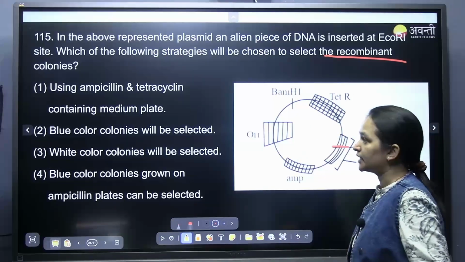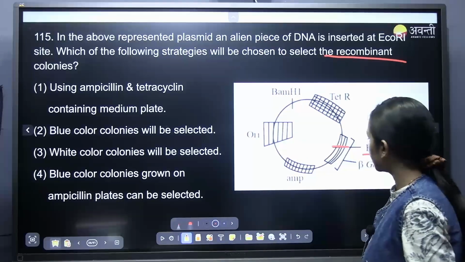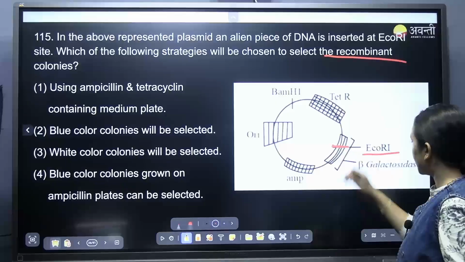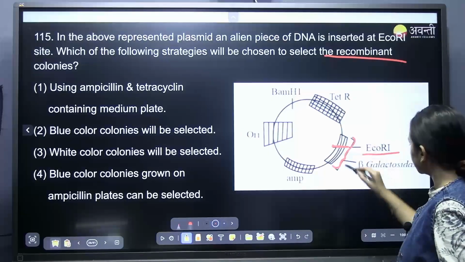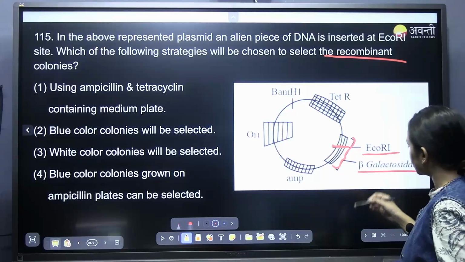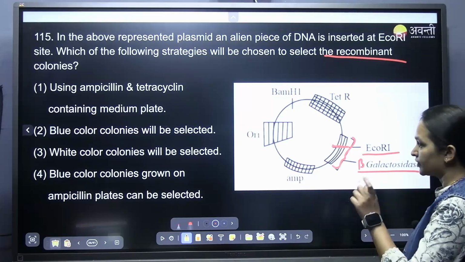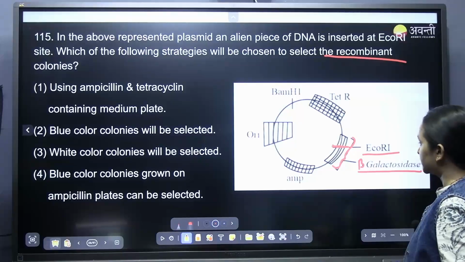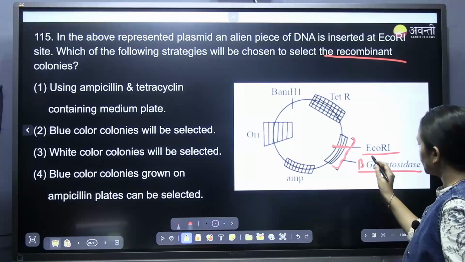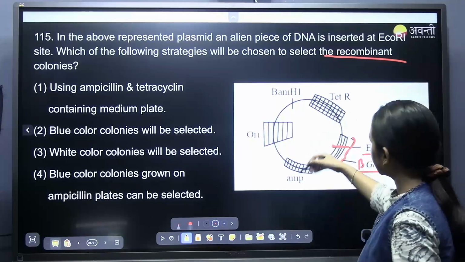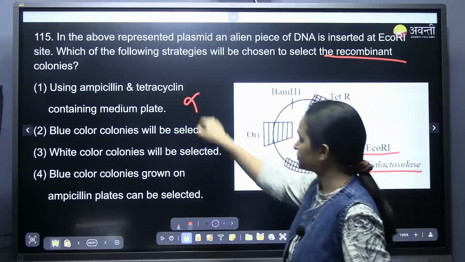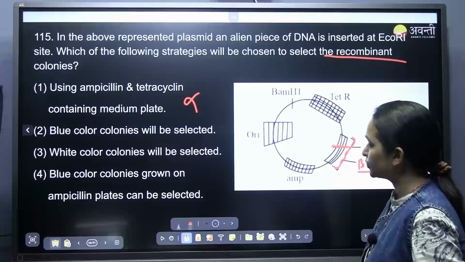Using ampicillin and tetracycline? No, here EcoRI is inside this beta galactosidase producing DNA sequence. So it has nothing to do with the tetracycline and ampicillin. Blue color colonies will be selected?